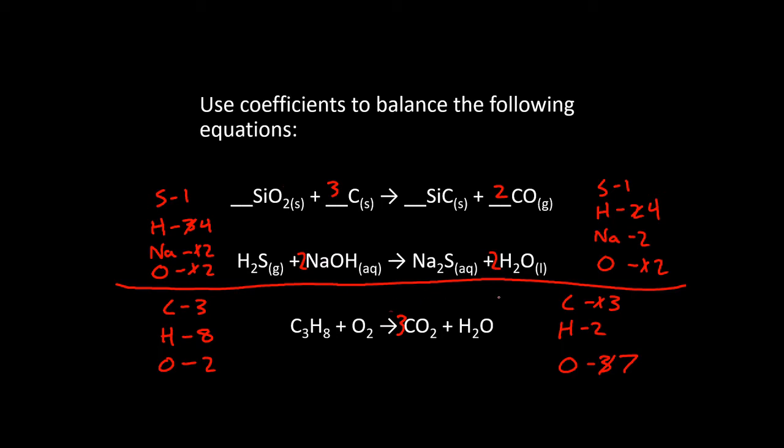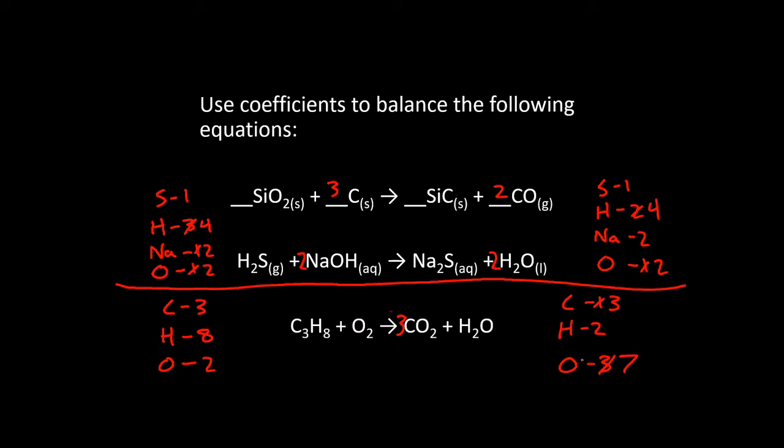Alright, so we balanced the carbon, but we made the oxygen even more imbalanced. But that's okay, we'll deal with that later. So now let's balance the hydrogens, just because right now anyway, there's no way for us to balance those oxygens.